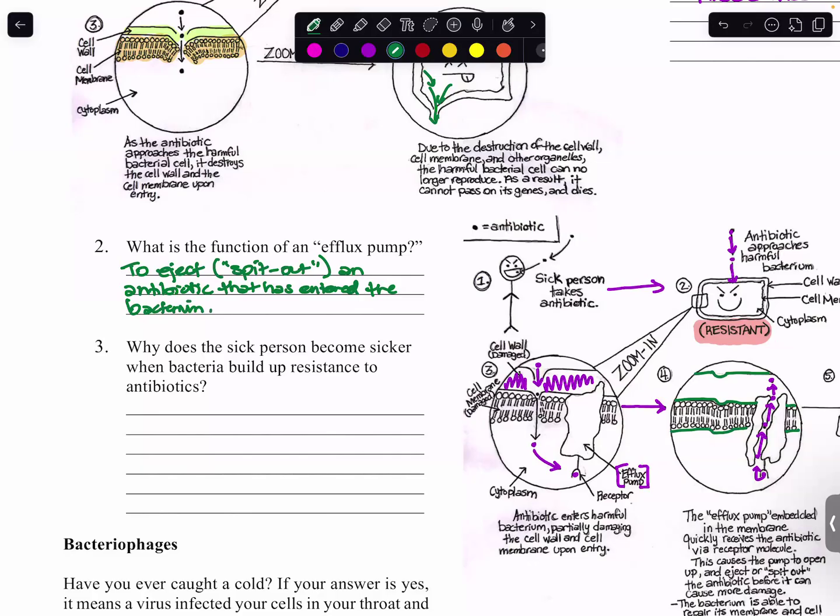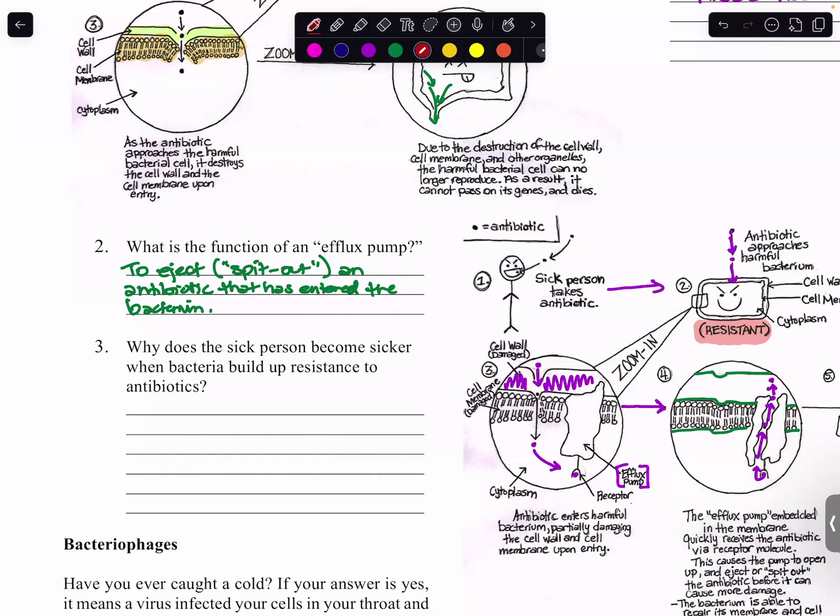So the efflux pump is really important to a lot of these bacteria because this is their primary way of resisting the antibiotic. All right. So the efflux pump is going to be really important. It's going to come up again, I promise.